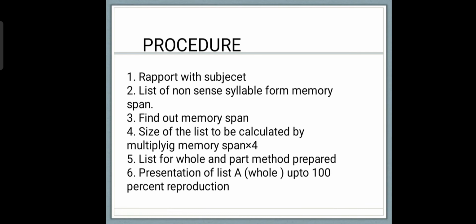After the subject has reproduced 100% of the syllables, we will ask them to write one more time whatever they remember of the list, but this time without showing the list. That is, we are not using the paper window or anything to show them the syllables. They will write it from memory. And this part is called PCT, or Post Criterion Trial.